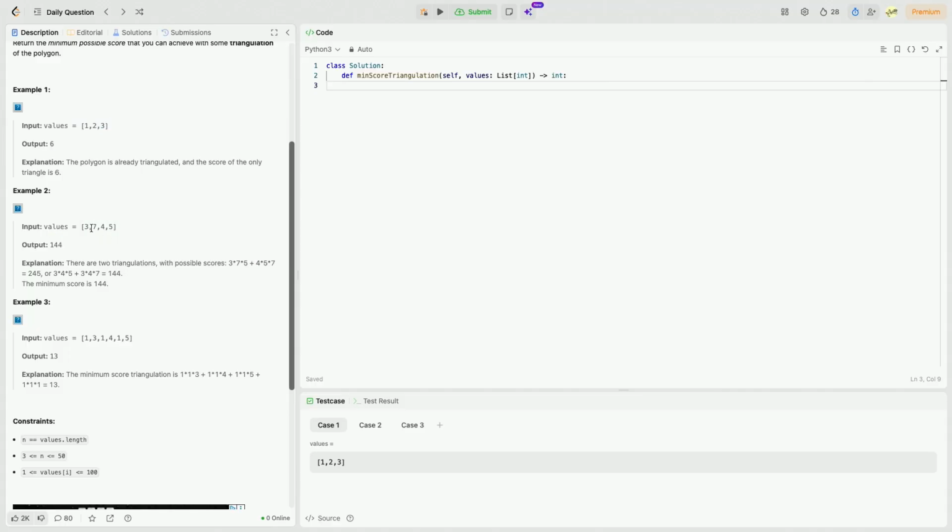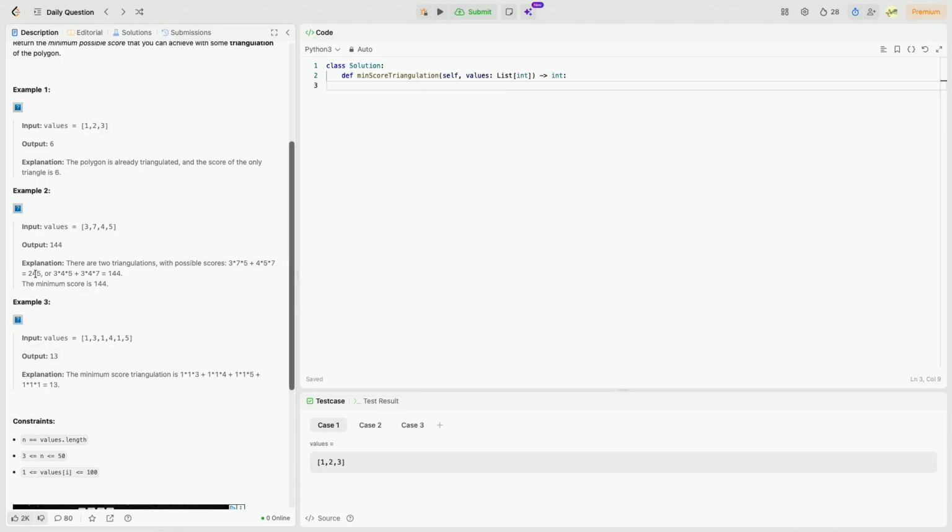Okay, that's one possible triangulation. The other one is exactly the one that I was going for: 3, 7, and 4, and then 4, 5, and 3, just in a different order. This is sorted order, this is not sorted order. Weird. But I think we get the idea.